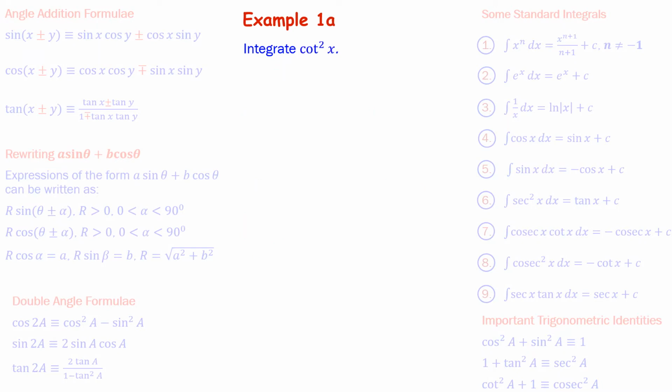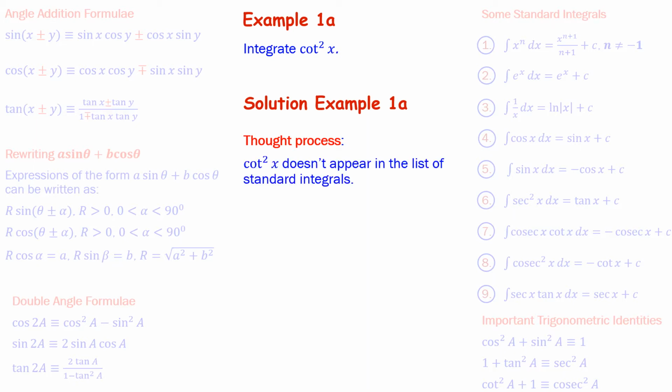Let's take a look at part A first. We're required to integrate cot squared x. So let's solve this. However, let's think about it first. Notice that cot squared x doesn't appear in the list of standard integrals on the right-hand side of the screen. So what can we convert cot squared x to?